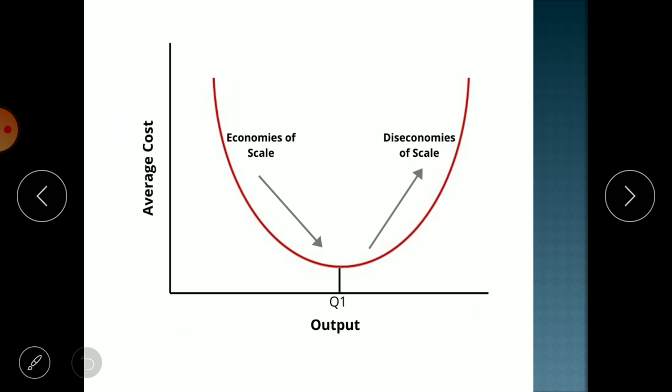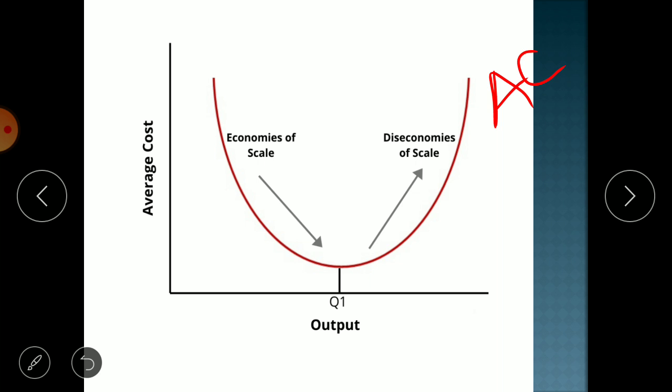Here one chart is given. This is about average cost, and in acronyms we write it as AC. When we were discussing the unit cost analysis, we discussed 7 concepts of cost: fixed cost, variable cost, total cost, average fixed, average variable, average total, and the like.